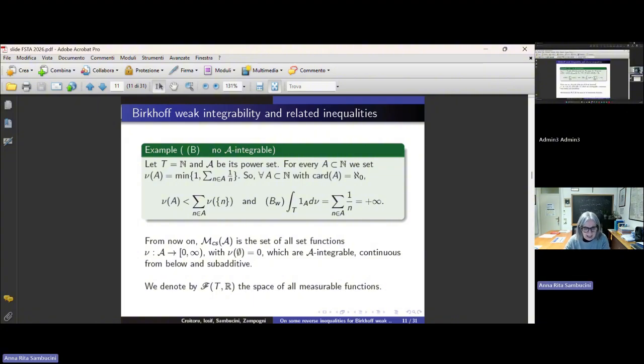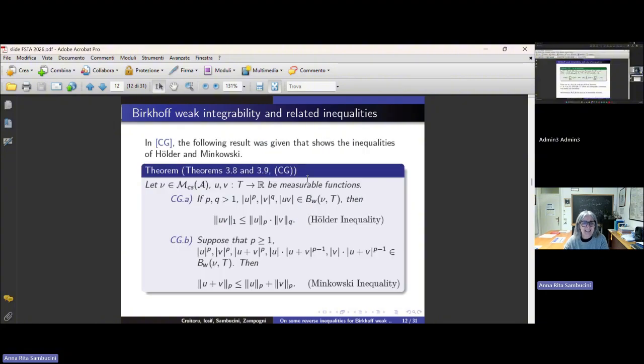Okay. For our results, we consider also measurable functions. Even if for scalar gauge integrals such as Henstock, McShane, and Birkhoff, no measurability condition is required a priori, we need it for our results.